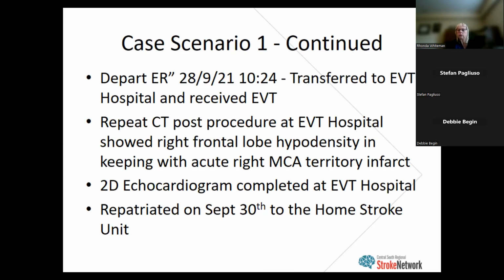Post-CT, post the procedure at the EVT hospital, showed a right frontal lobe infarct in keeping with a right MCA infarct. There was a 2D echo completed at the EVT hospital, and the patient was repatriated 2 days after back to the home stroke unit hospital.